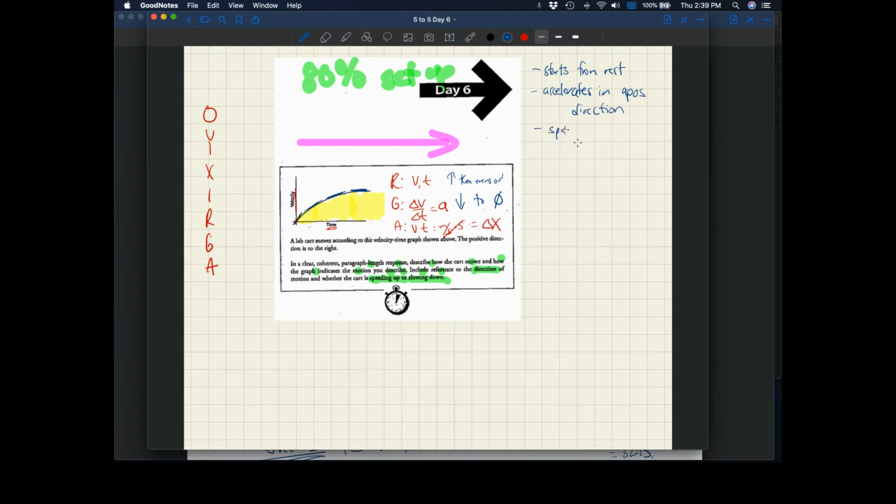Its speed increases until it becomes constant. The acceleration decreases to 0.